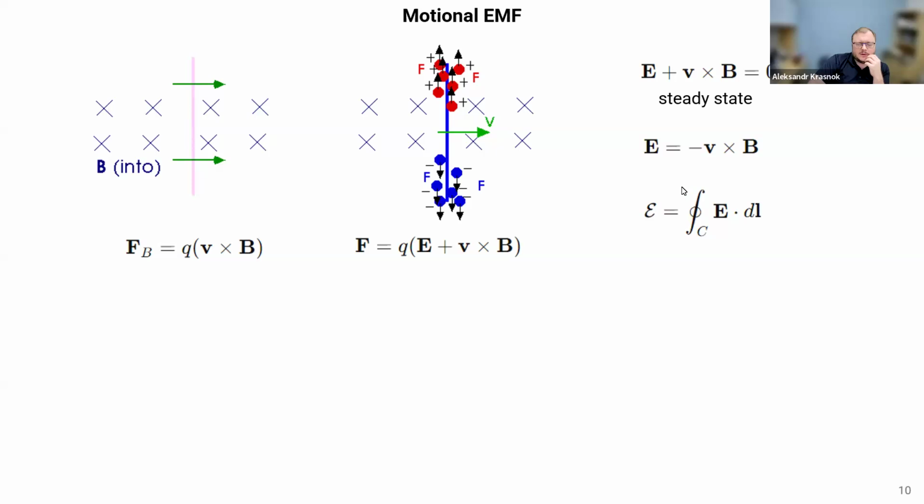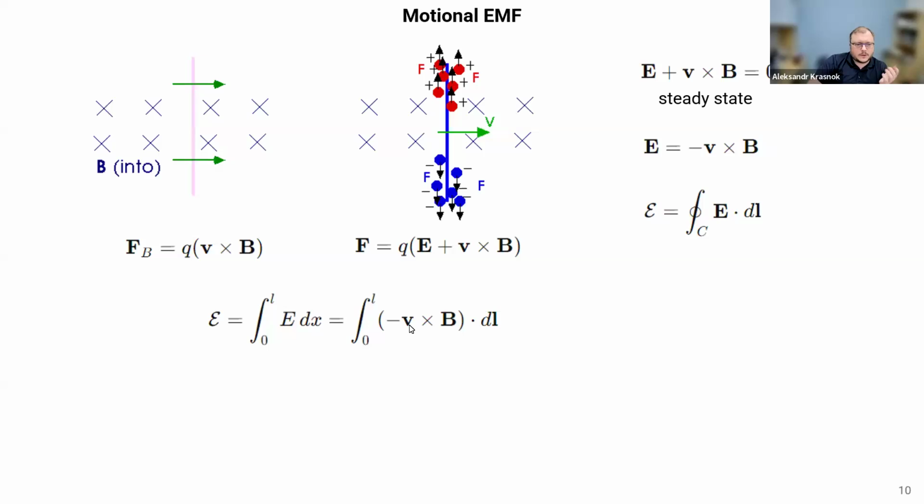And again, recalling the definition of the electromotive force, which is the integral, in this case this integral will run over this wire of the electric field times the element of the path.